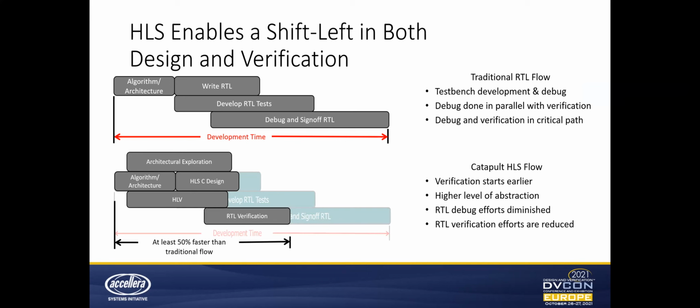In contrast, the Catapult HLS flow enables architectural and algorithmic exploration in parallel with the development of verification infrastructure and testing, long before any RTL is produced. And all of this is focused on a more abstract version of the design, typically leading to faster simulation performance and easier debug. Overall, this typically results in at least a 50% faster development cycle compared to the traditional RTL-based flow.